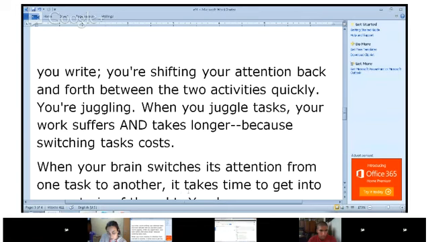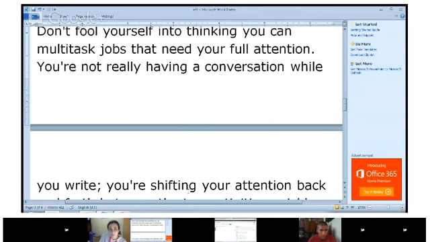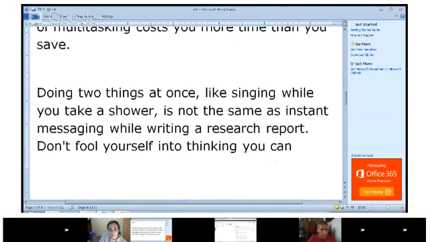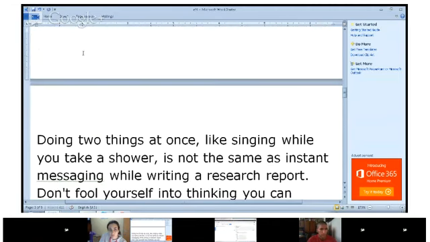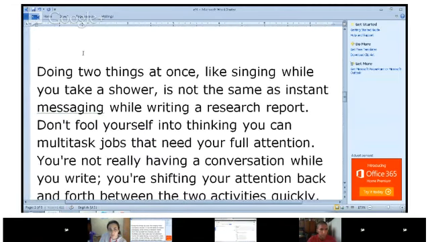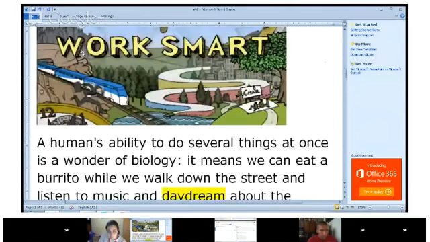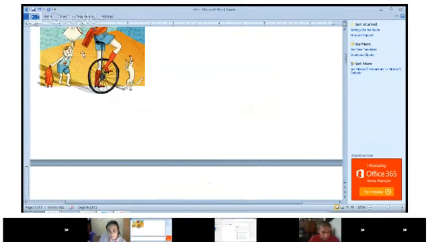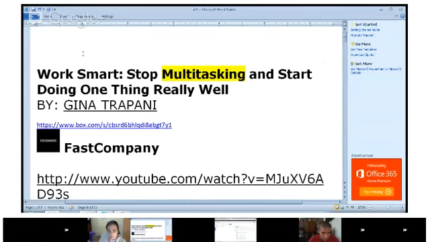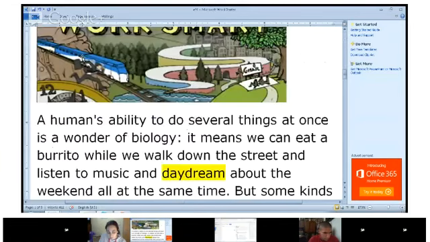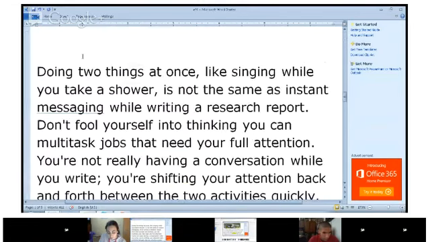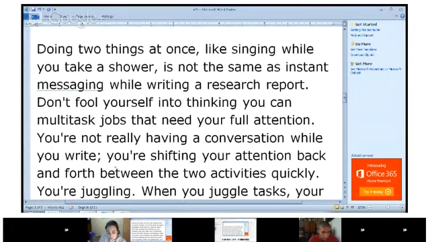Okay, good. I'm just going to move this text down because there is some good information here. So what is Gina's opinion in this paragraph? Could somebody start by pointing out one of the phrases that they think is important here?